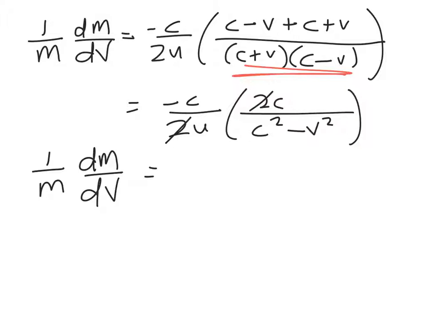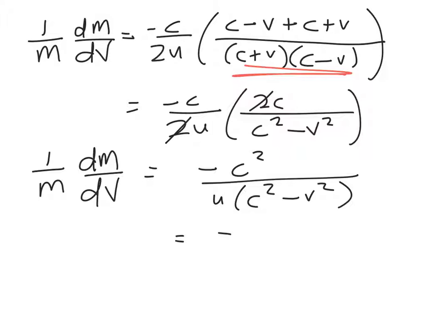We can take out the common factor of 2, and now we've got negative c squared over u times c squared minus v squared, which is negative c squared over u. Just go back a bit.